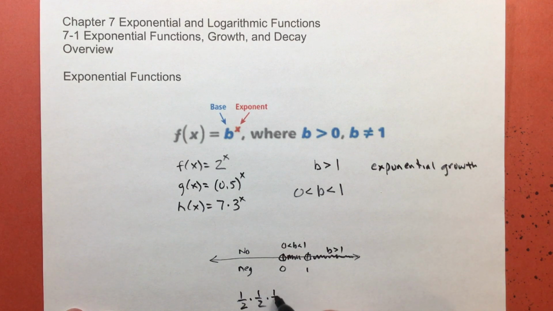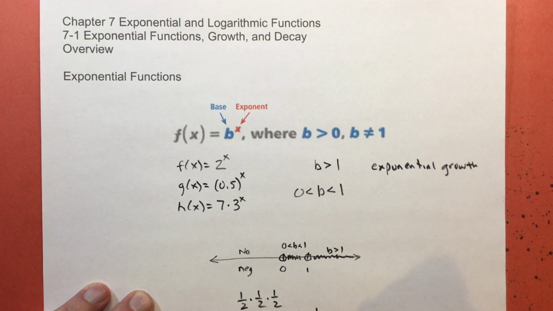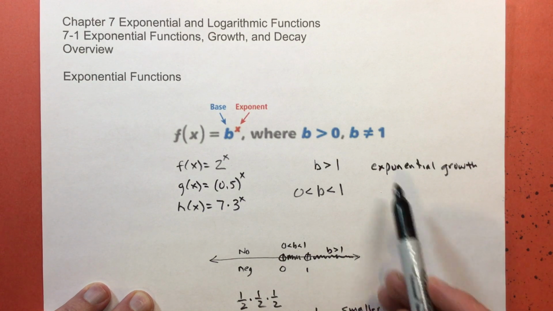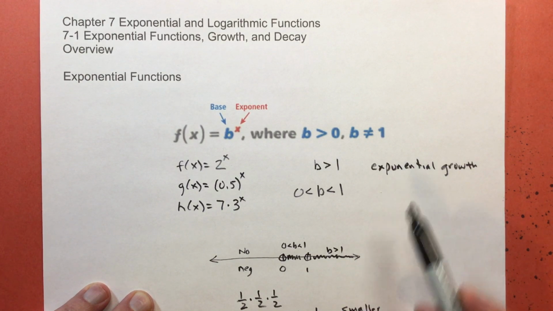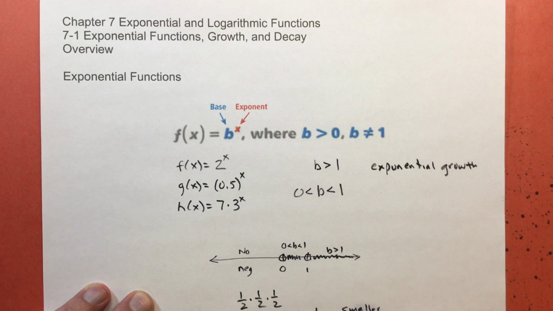If I multiply by 1/2 again, I get 1/8. So 1/4, 1/8, 1/16, 1/32, etc. These numbers are getting smaller. Exponential growth, they get bigger. Exponential decay, they get smaller.